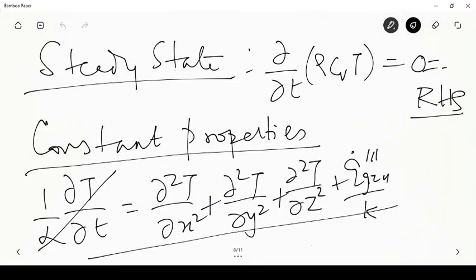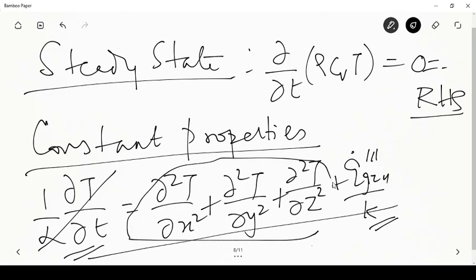In this governing equation, let's also assume that the transient term and the term concerning the heat generation per unit volume are both absent for simplicity's sake. Then we would have the governing equation with only these three terms. So you would have del squared T by del x squared, del squared T by del y squared, and del squared T by del z squared terms.